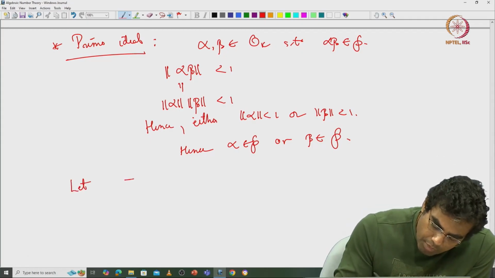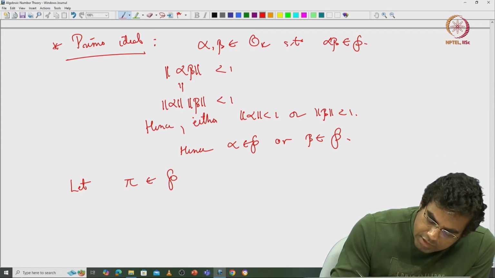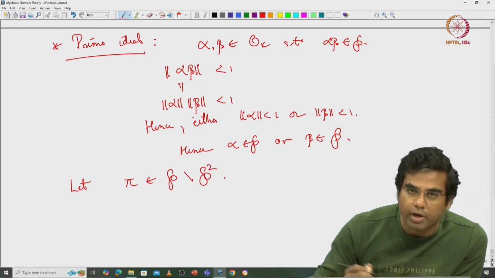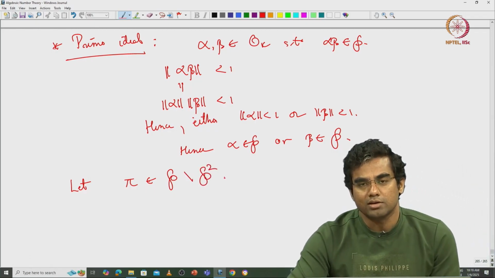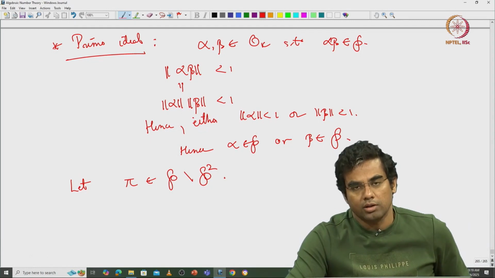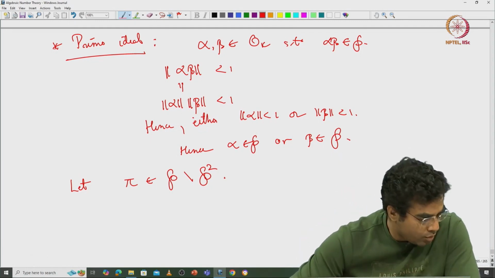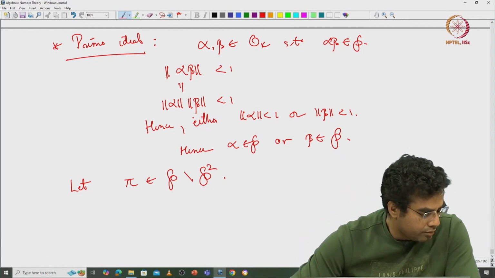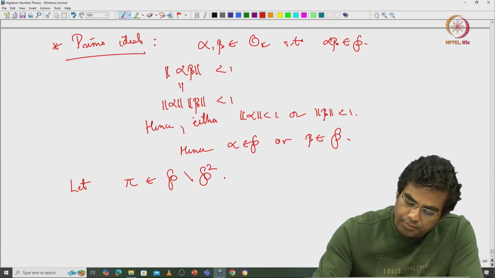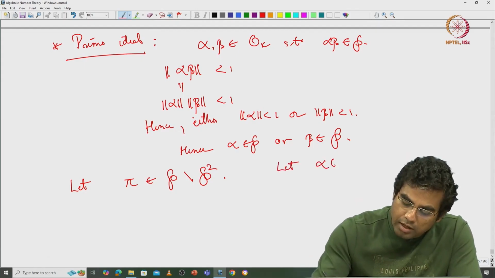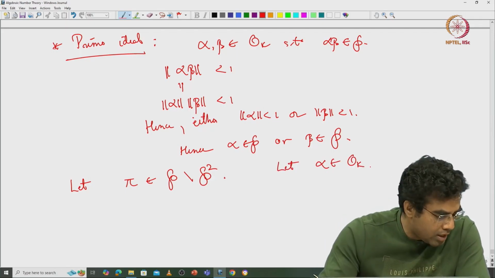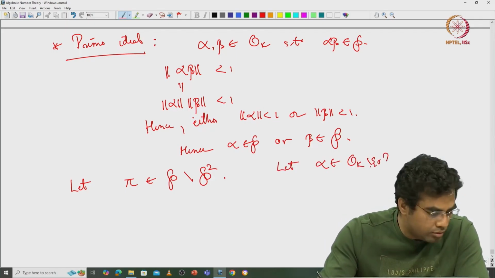So what I do is I let pi be an element which is in P but not in P square, right. OK is a Dedekind domain, and so P is not equal to P squared, and so I can always find something like this. So let alpha be any element of OK minus 0.